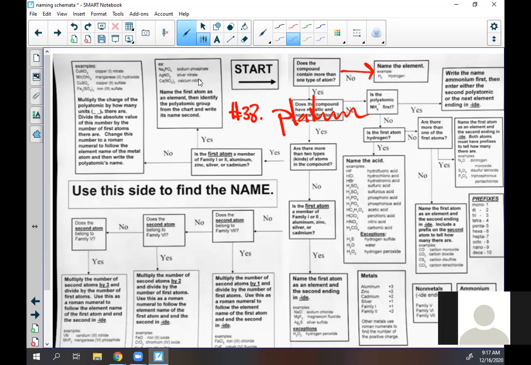Let's do 42 and then we'll do something different. 42, HC2H3O2. You guys actually have, you've seen this substance a lot in your life. No. Yep. I see it.